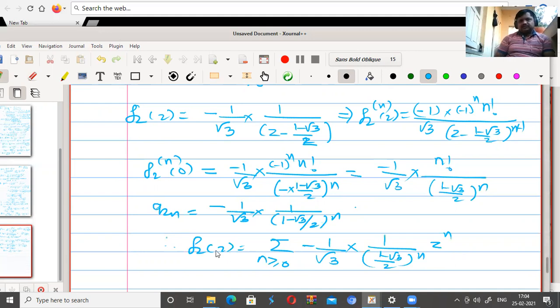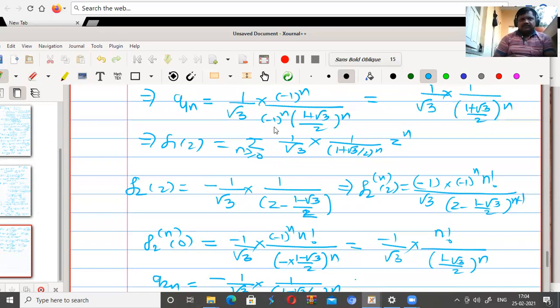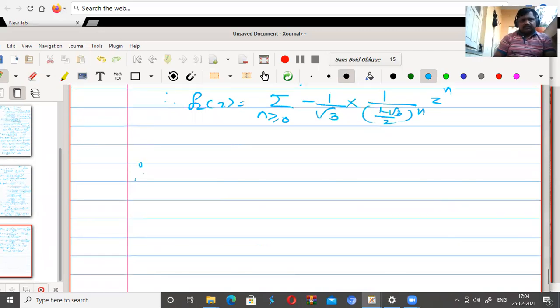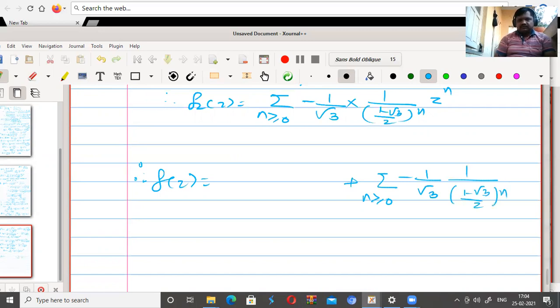So this is for f2 of z, and this is for f1 of z, isn't it? Therefore f1 plus f2 is your f of z, and therefore f of z is nothing but f1 of z plus f2 of z, which means summation n greater than or equal to 0, minus 1 upon root 3, 1 upon 1 minus root 3 upon 2 to the power n into z raised to n.